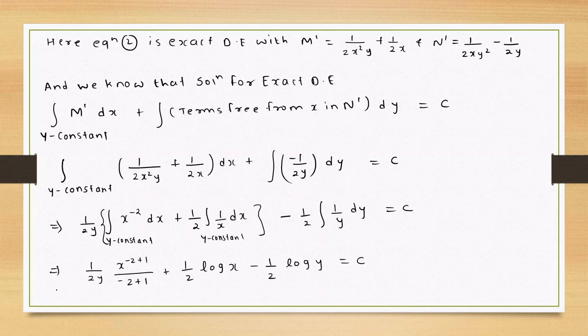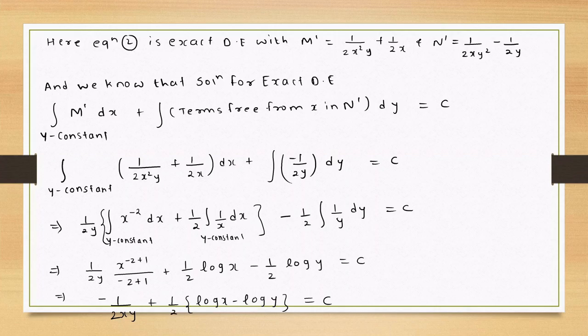So we can write x raised to minus 2 plus 1 is x raised to minus 1, and minus 2 plus 1 is minus 1. So we can write it as minus 1 upon 2xy plus half log x minus half log y is equal to some constant c. Right? Okay.